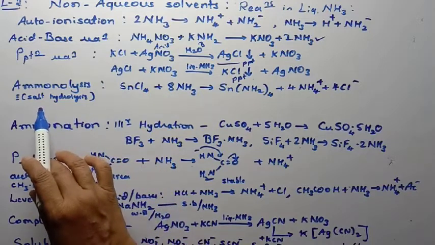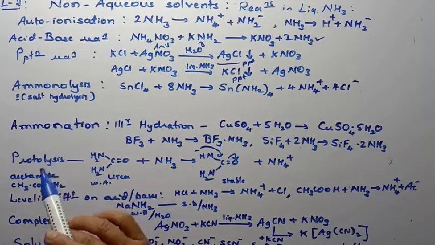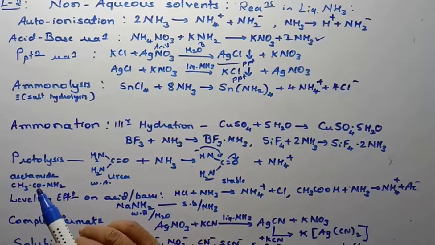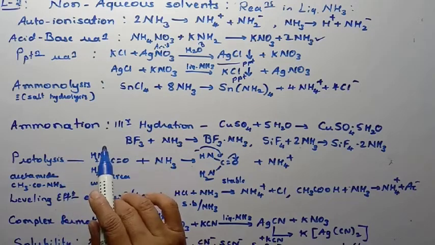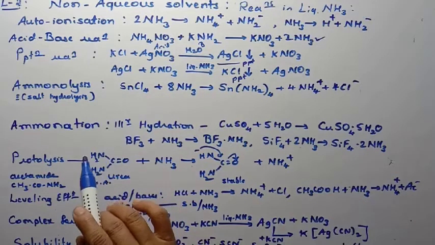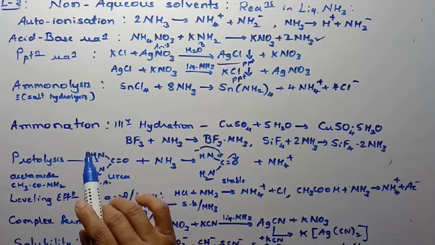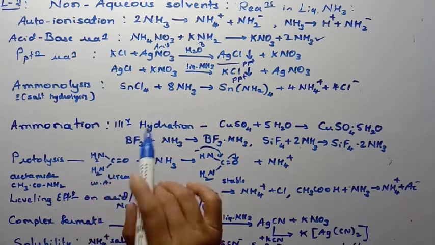Ammonolysis is very much similar to salt hydrolysis. Salt hydrolysis you have already learnt. Salt hydrolysis is nothing but the reaction between salt and water, or it is nothing but the ions of salts reacting with the ions of water.